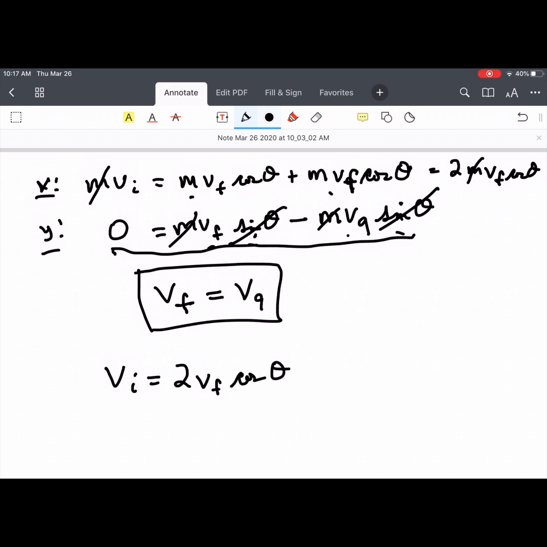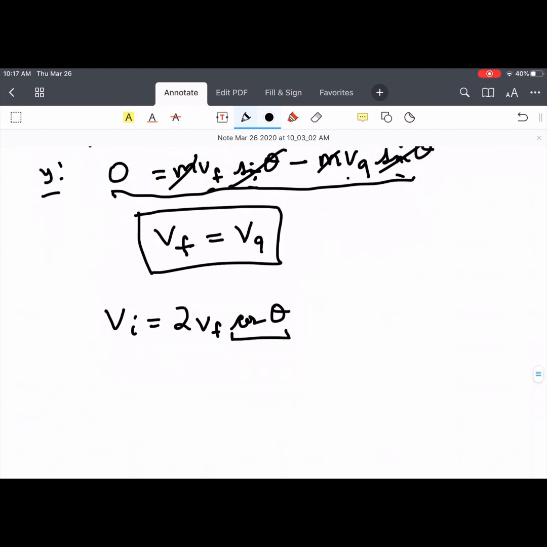Okay, so this is good. It gives us a relationship between v initial and v final. But notice that we're actually supposed to solve for theta. This isn't quite enough because we don't know the actual numerical values of v initial and v final. And in fact, we haven't yet used conservation of energy. So now let's go ahead and use conservation of energy.